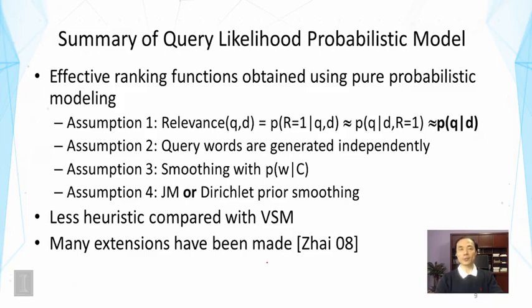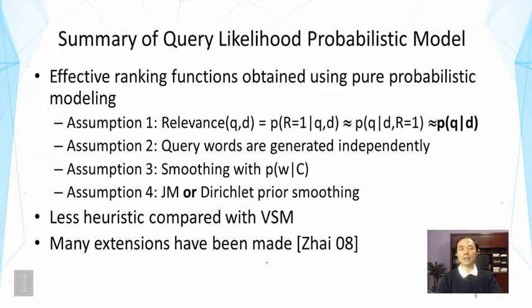That allows us to decompose the probability of the whole query into a product of probabilities of all the words in the query. The third assumption is that if a word is not seen in the document, we're going to let its probability be proportional to its probability in the collection. That's a smoothing with the collection language model. And finally, we made one of these 2 assumptions about the smoothing: we either use JM smoothing or Dirichlet prior smoothing.